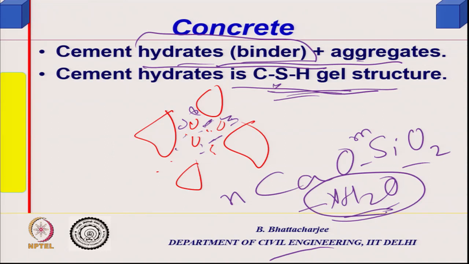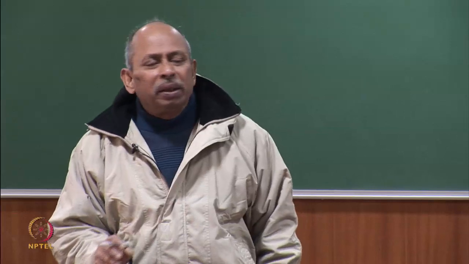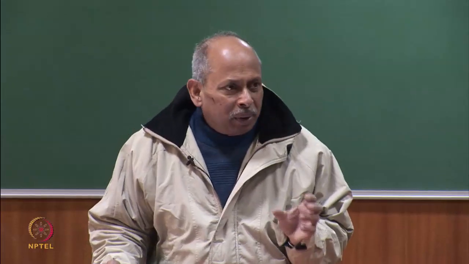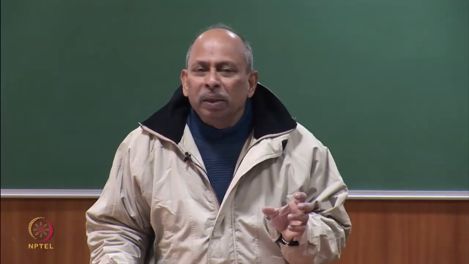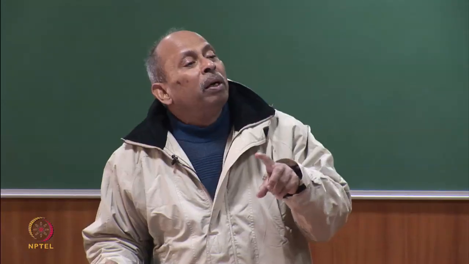First, when you start heating them up, there will be free H2O, because this CSH system is capillary porous. Now, why is it capillary porous? Because in the reaction of cement and water, the product occupies less volume than cement and water combined.